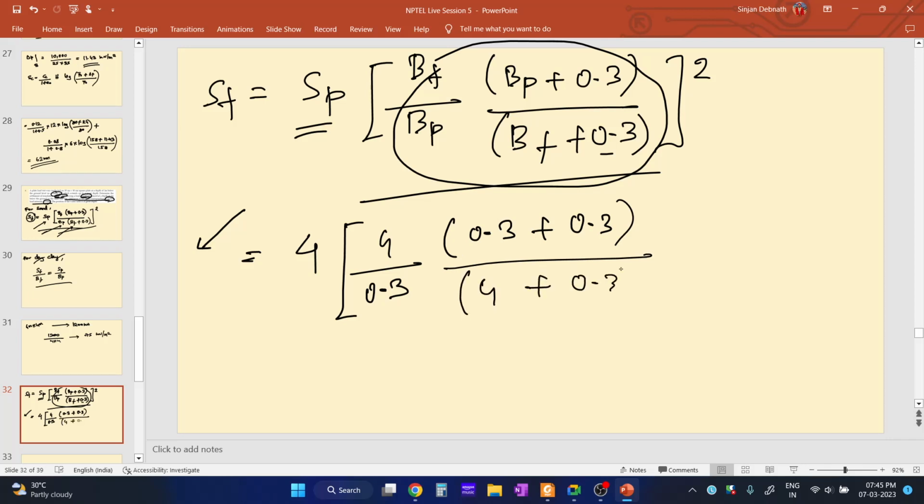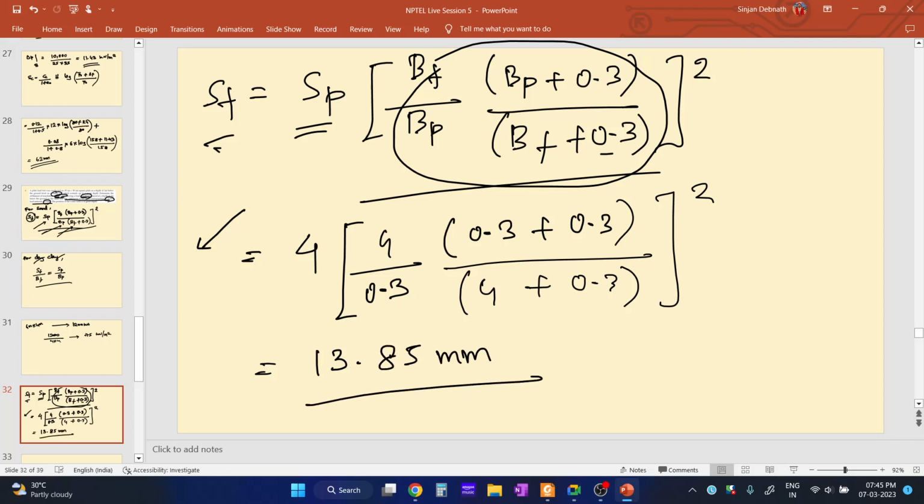What is the breadth of the plate? It is 30 centimeter, that means 0.3 meter, plus 0.3. And the breadth of the footing is 4 meter plus 0.3, squared. If you solve this, you will get SF, the foundation settlement. After calculating this, the foundation settlement will be 13.85 millimeters. So this is the answer. If you have any doubt in this question, please let me know.